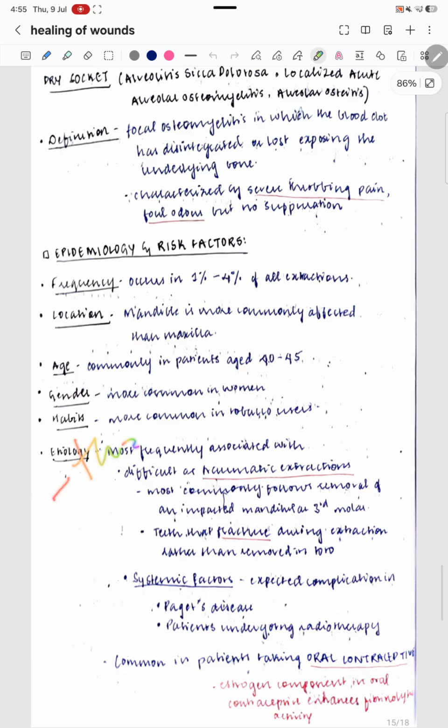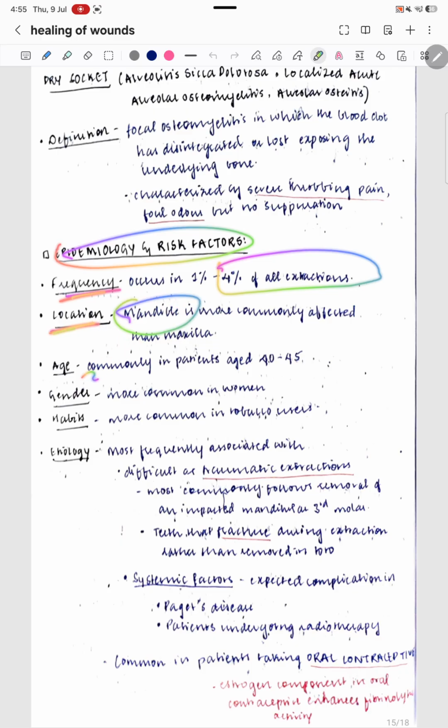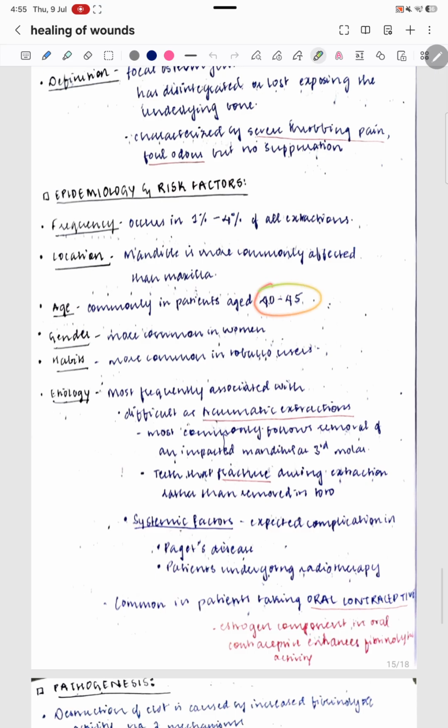Common symptoms are throbbing pain and foul odor, right? Now coming to the epidemiology and risk factors: frequency is 4% of all extractions, more in the mandible, and age is commonly 40 to 45 years. Gender is more common in women than men. Habits: more seen in tobacco users.